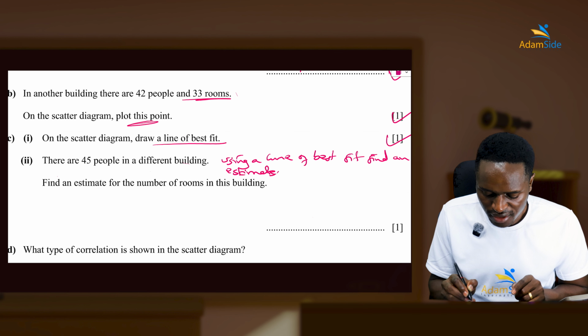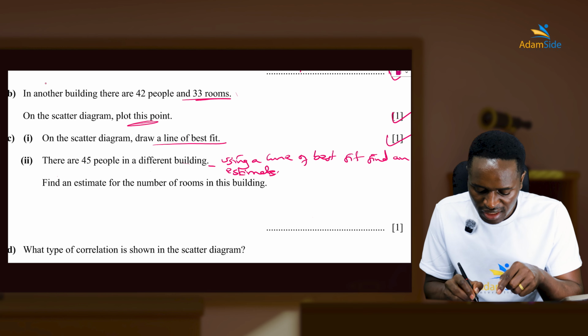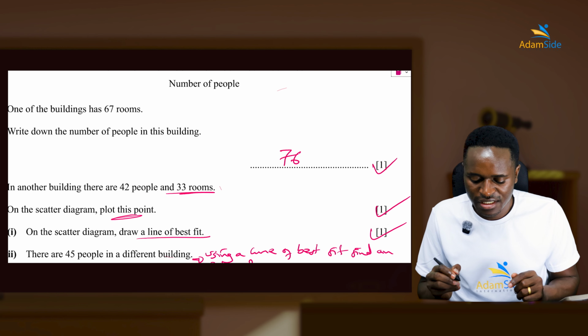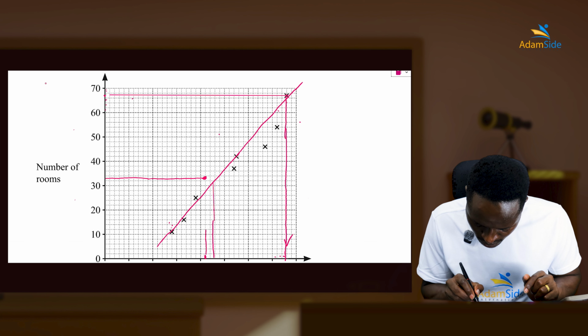Using the line of best fit, find an estimate. So we go to the line of best fit, find the estimate up to there, and we get how many.